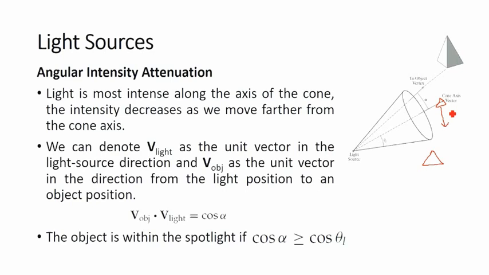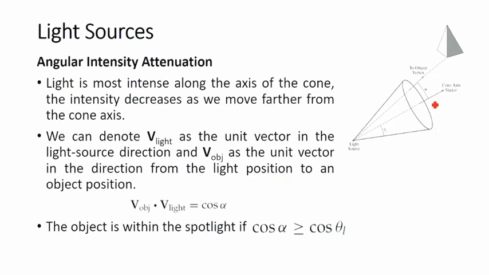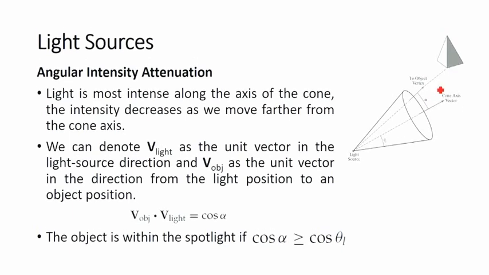So let's say that this is the object, and if you take the vector which is directional towards this object and the cone axis also as a vector, then the angle between them, let us say it as alpha. So this object is at the angle alpha with respect to the cone axis or direction of the spotlight that we are considering.